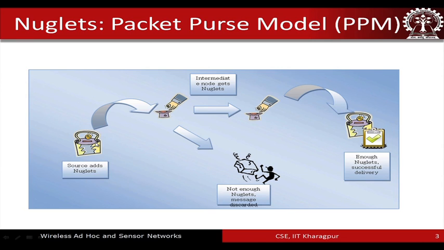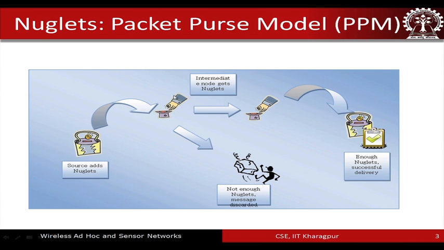Along with the packet in the PPM model, the source node adds these virtual currencies called nuglets and sends it forward. The intermediate node receives the packet along with the nuglets, keeps some nuglets and forwards it to the next hop neighbor, with the hope that the next hop neighbor would also do the same, and finally the packet is delivered to the intended destination node.